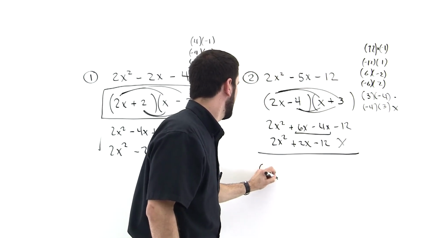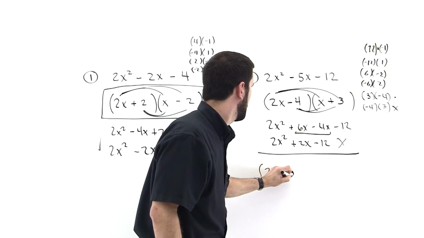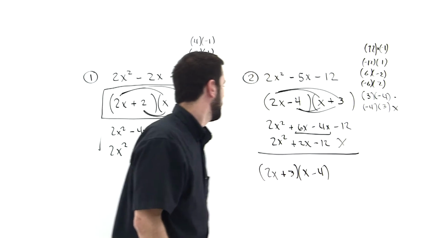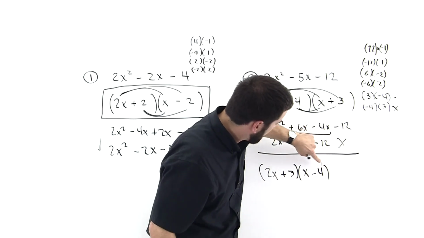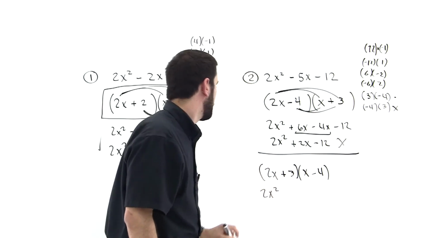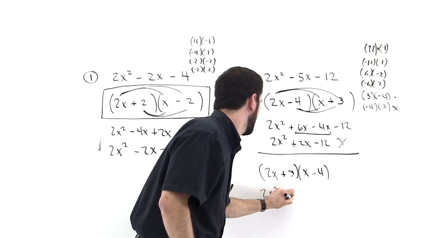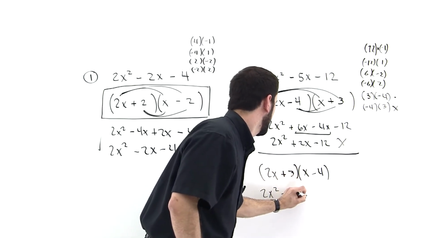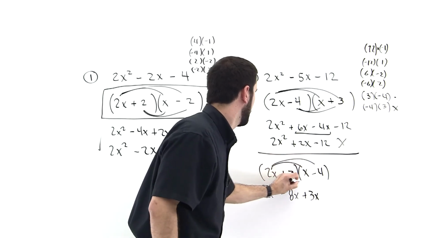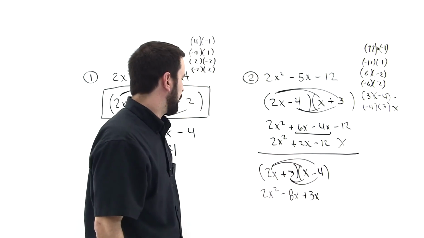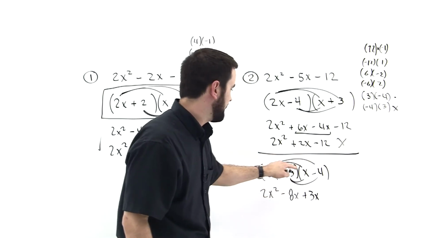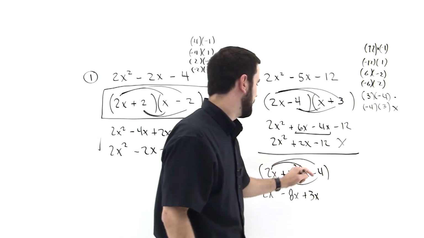So we have 2x plus 3 and then x minus 4, right? Okay, so then 2x squared, 2x times -4 is -8x, plus 3x. See, we have 2x times x, 2x squared, and then 2x times -4, -8x, 3 times x, +3x, and then 3 times -4, -12.